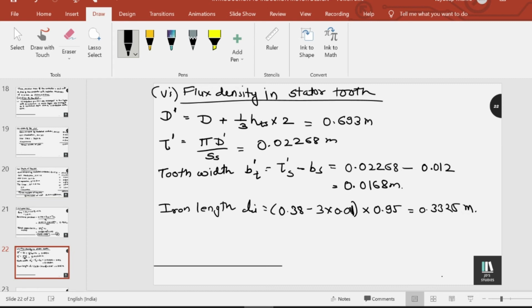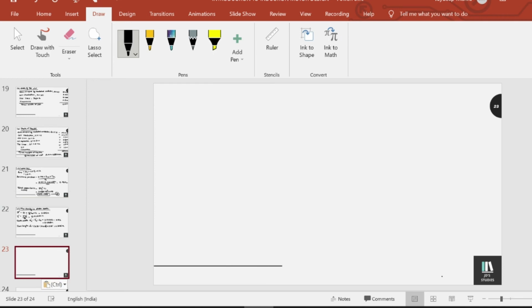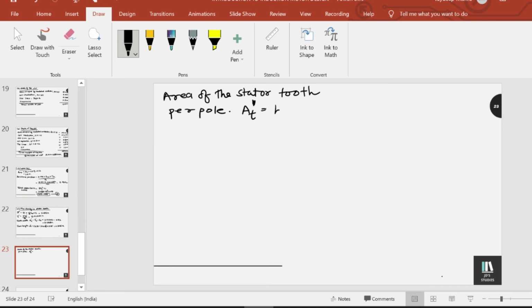Now the area of the stator tooth per pole, which is A dash T. What is A dash T? B dash T multiplied by L_i multiplied by the number of teeth per pole.